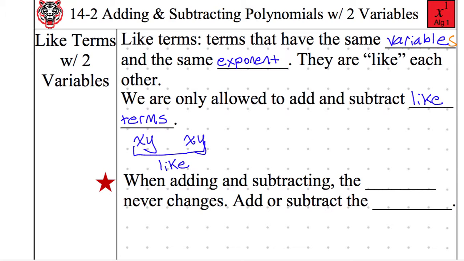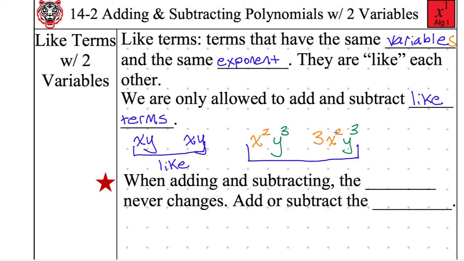Here's another one. I'll do this color-coded. So x squared y cubed, and 3x squared y cubed. These are also like terms because they both have an x squared. They both have a y cubed.